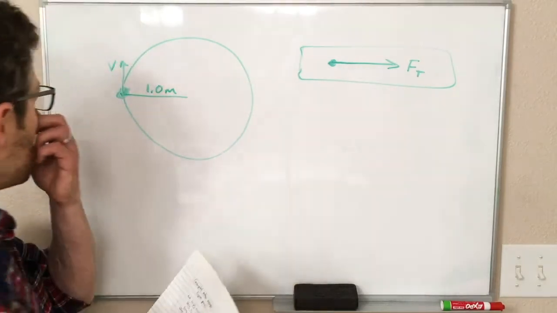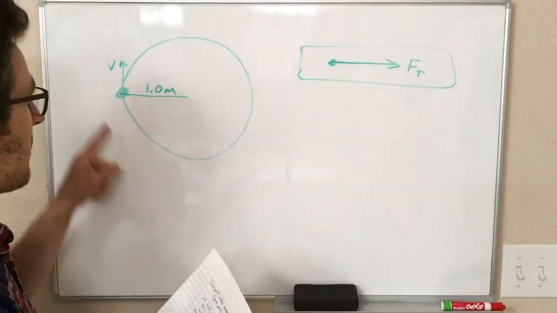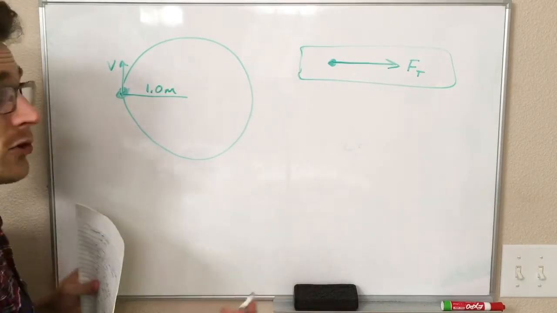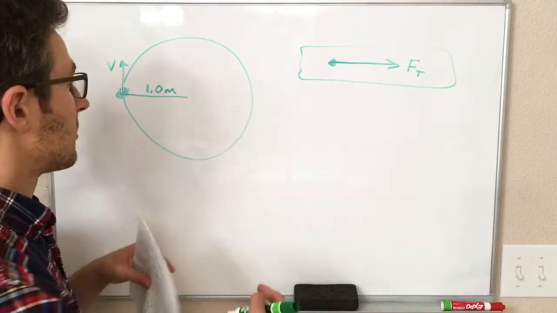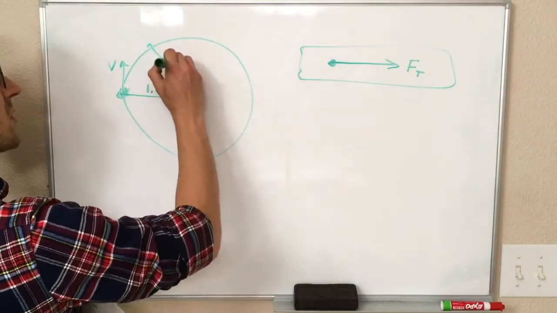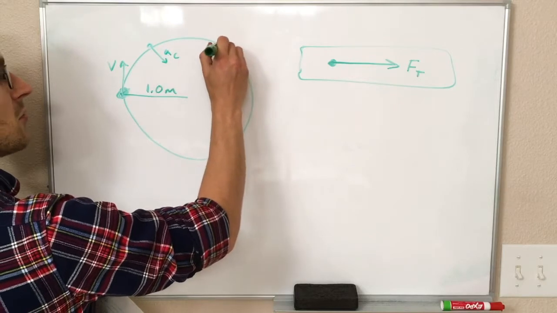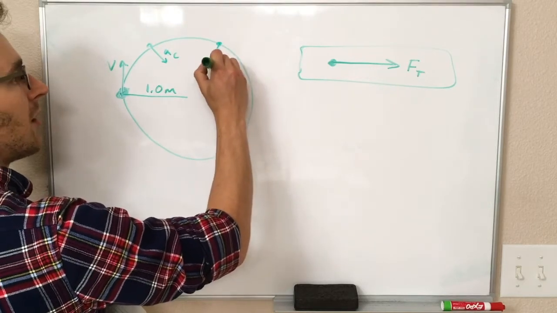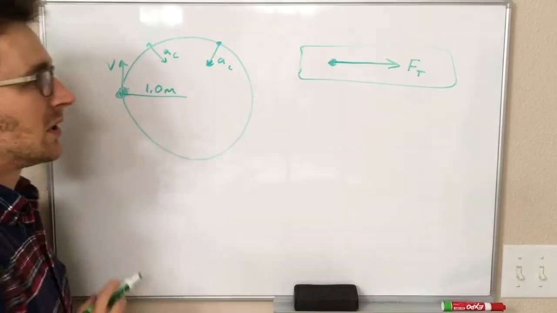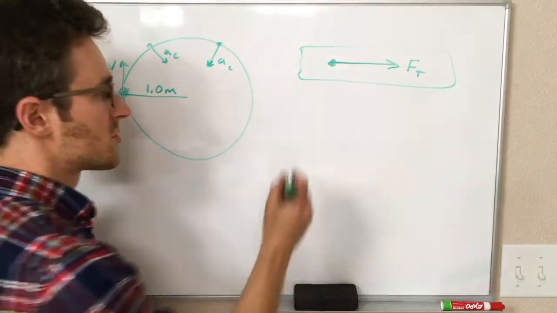Okay, so if we have this rock going around in a circle, we know the acceleration is towards the center at all points. That's just how circular motion works. So at each of these points, we have some centripetal acceleration. I don't have to draw that many of these. And this centripetal acceleration is happening because of this force, right?